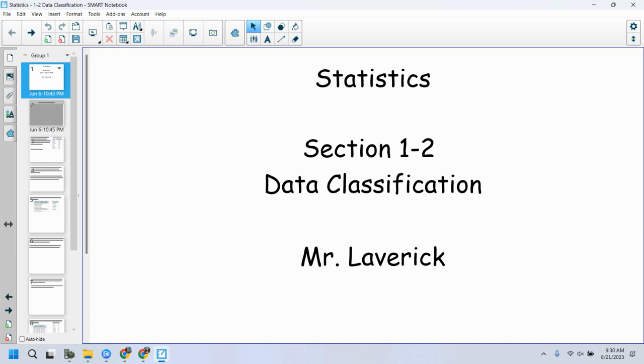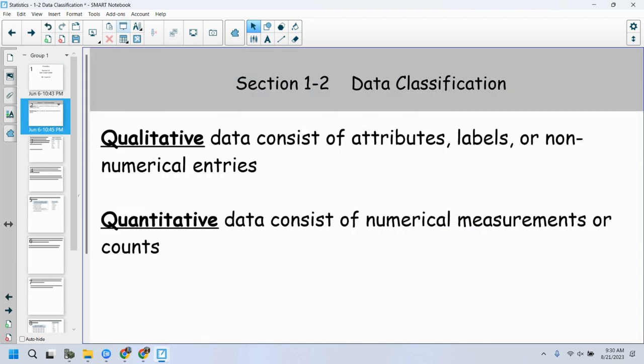So the first thing we have to talk about is the way we classify data. The big two ways that we can talk about data is to say that they are either qualitative or quantitative. Qualitative data consists of attributes, labels, non-numerical entries.